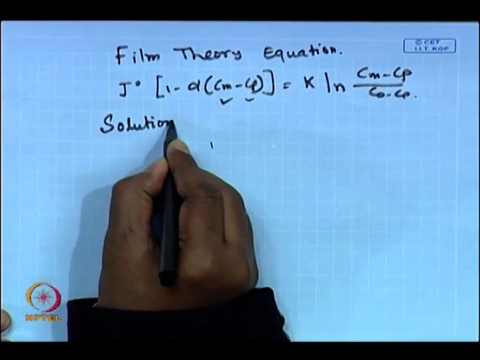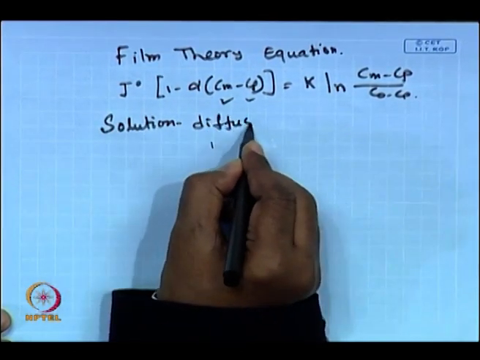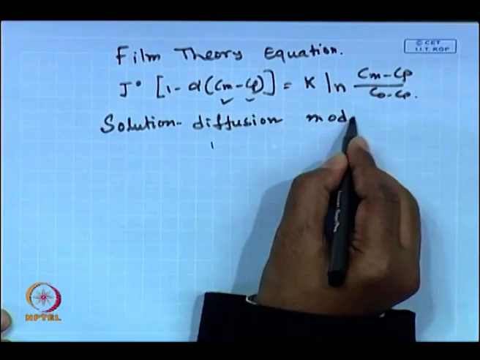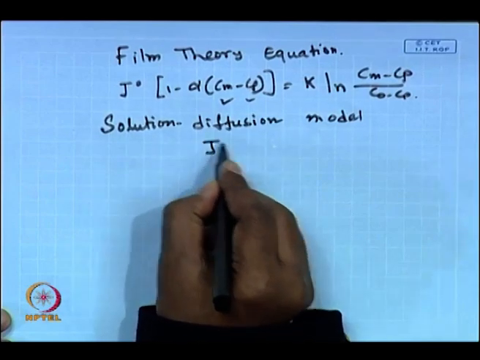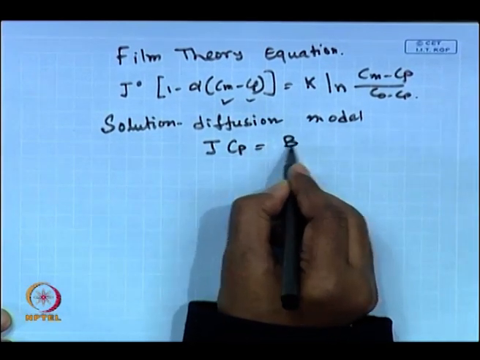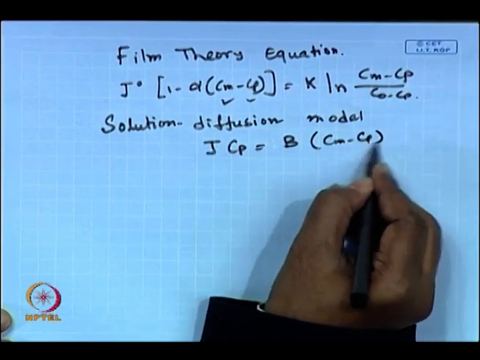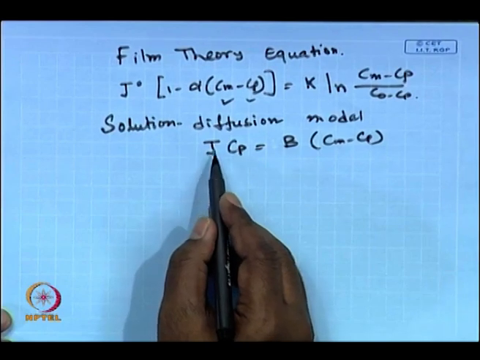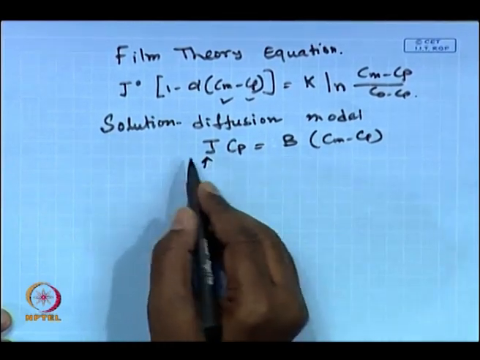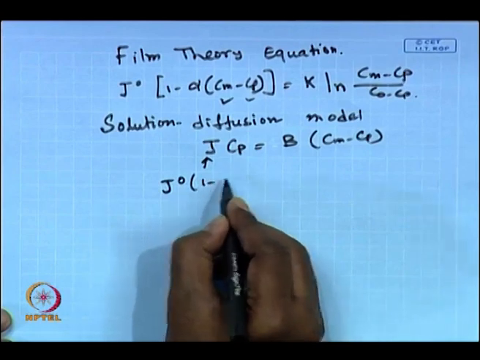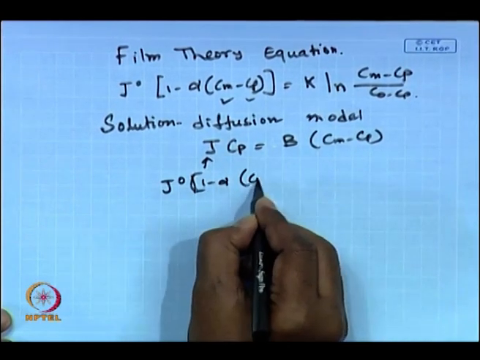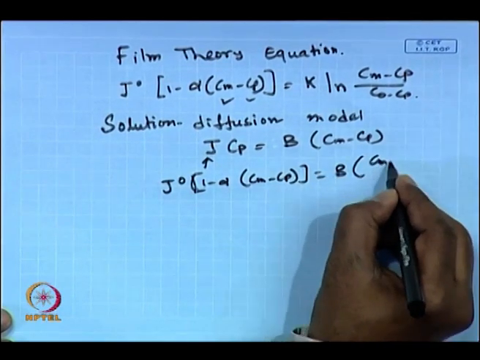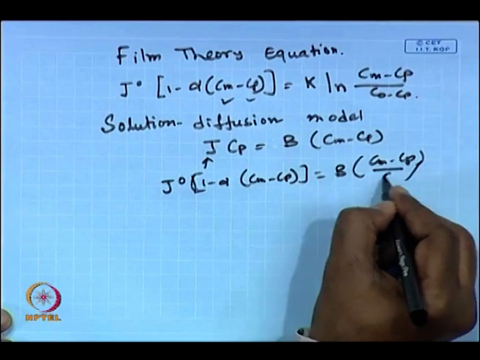If you use the solution diffusion model, you get another equation that will be connecting Cm and Cp. J times Cp equal to B times Cm minus Cp. Now, we can combine, and what is J? For J you can use Darcy's law, and you get J naught times 1 minus alpha Cm minus Cp is equal to B times Cm minus Cp divided by Cp.